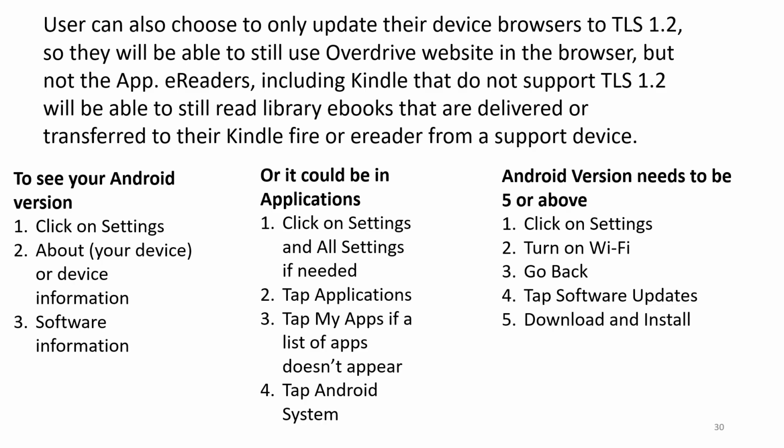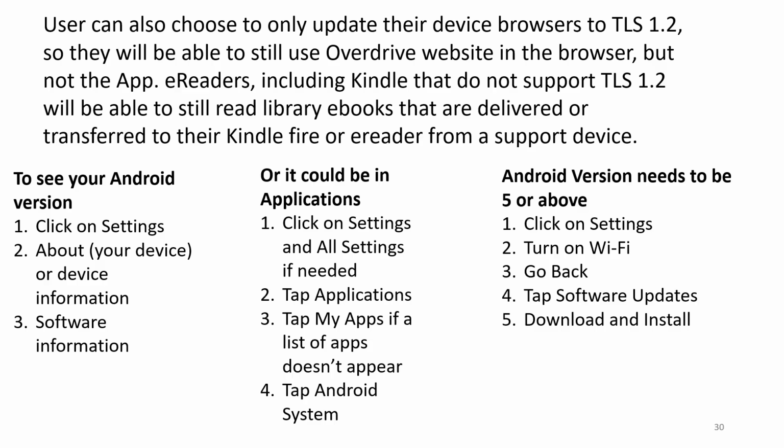Users can also choose to only update their device browsers to TLS 1.2, so they will be able to still use Overdrive website in the browser, but not the app. E-readers, including Kindle, that do not support TLS 1.2 will be able to still read library books that are delivered or transferred to their Kindle Fire or e-reader from a supported device.